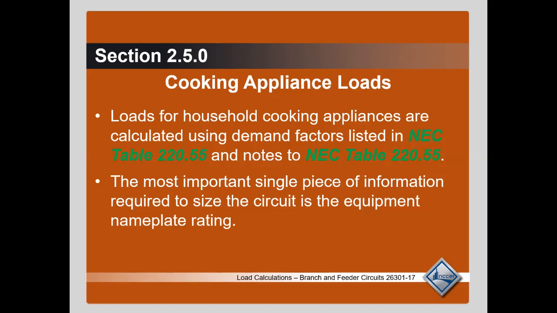Column C is to be used in all cases except as otherwise permitted in Note 3. So if you have one appliance, it's rated for what? 8 kW. That's what that means. Are you there yet? You said 220.55, right? Table 220.